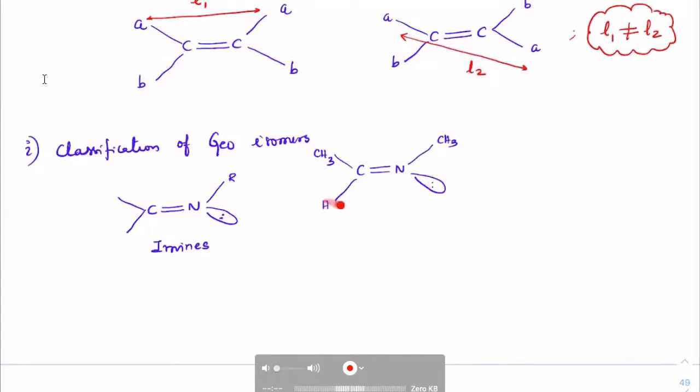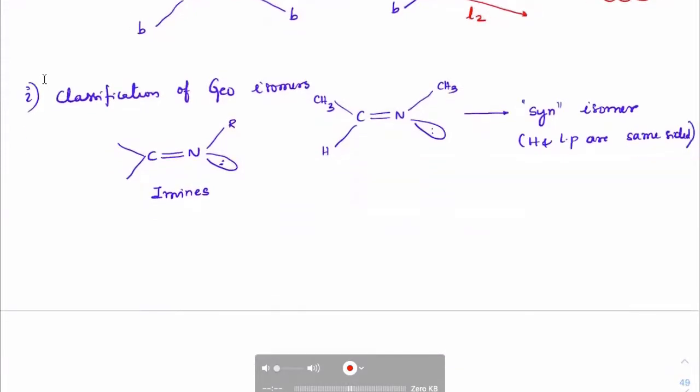If hydrogen and lone pair are on the same side, then we will say that they are syn to each other, syn isomers, or syn geometrical isomers, syn isomer. Okay, as we have seen, H and lone pair are on the same side.